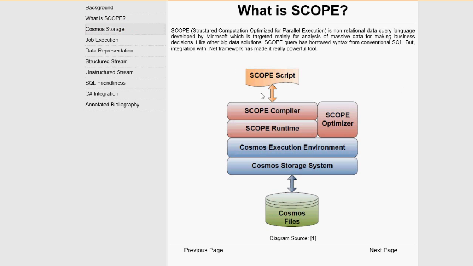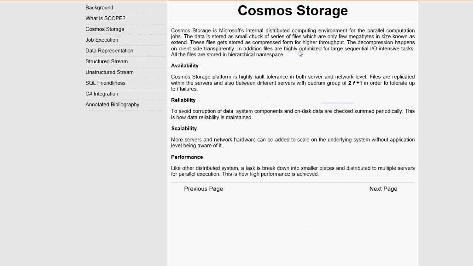You can see in the chart, it runs under an underlying environment called Cosmos. Cosmos Storage is a Microsoft internal distributed computing environment for parallel computation of jobs. The data is stored as a series of small files, only a few megabytes in size, which are known as extents. These files are stored in compressed form for higher network throughput, and the files get decompressed on the client side transparently.